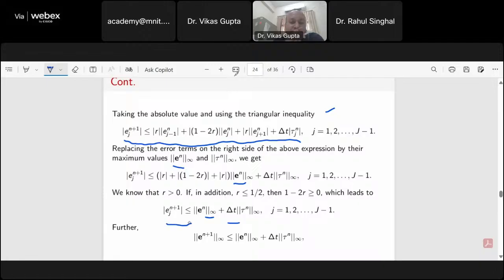Since this inequality is true for all j from 1 to J minus 1, among them, for some j, you may have the maximum value of mod e_j^(n+1), which will be equal to norm of e^(n+1) infinity. So that inequality is also true for the maximum norm of this vector e^(n+1). So norm e^(n+1) infinity, this is a vector norm, infinity norm, will be less than or equal to norm e^n infinity plus delta t norm tau^n infinity.